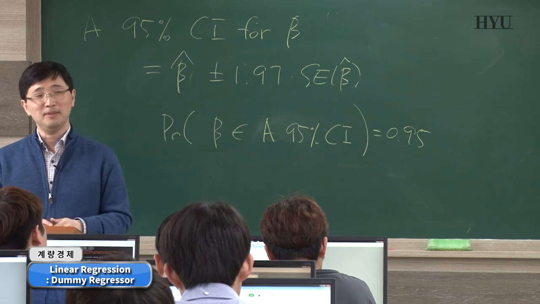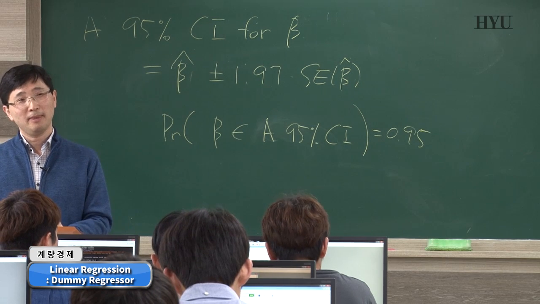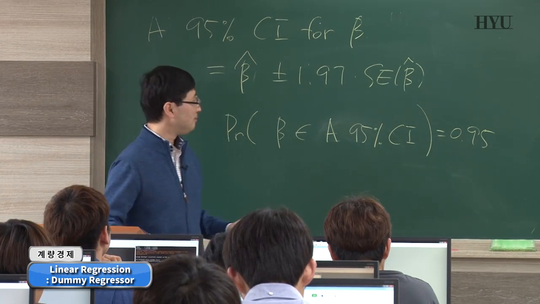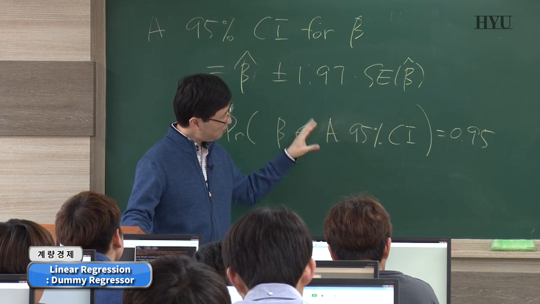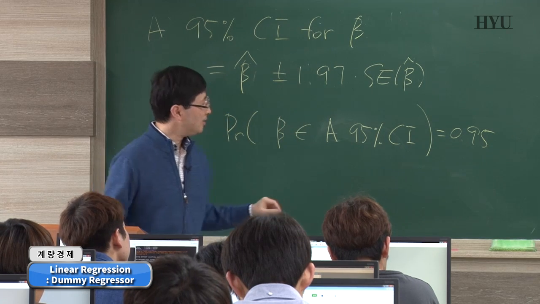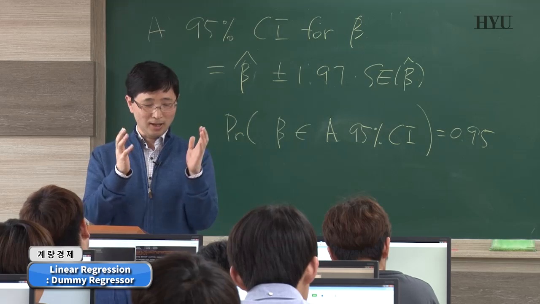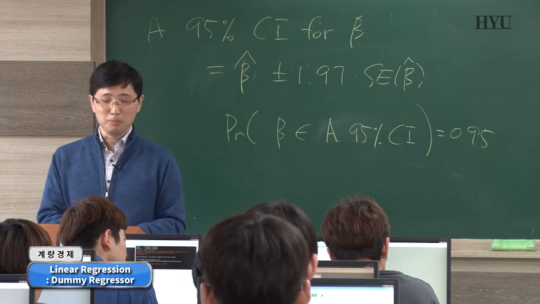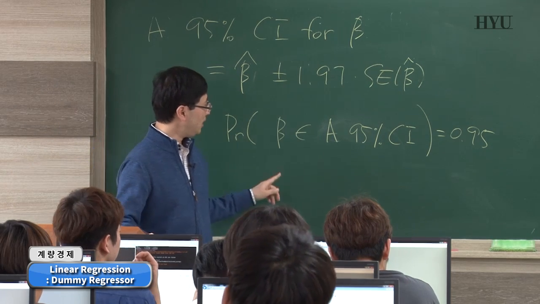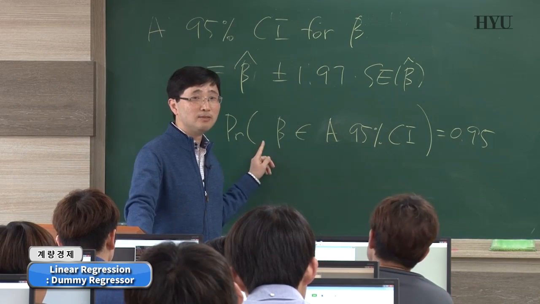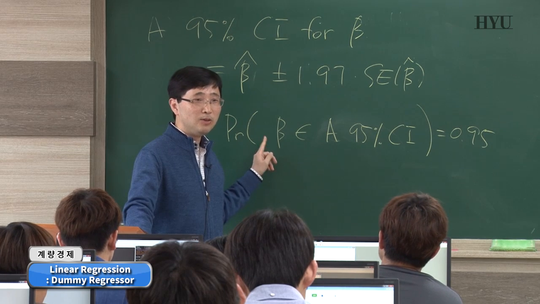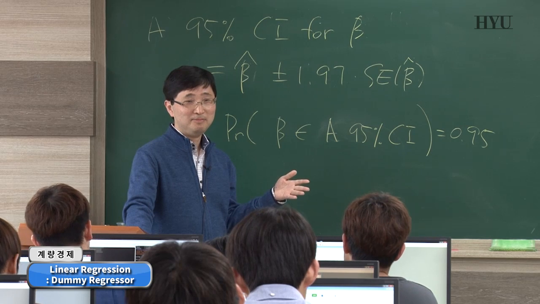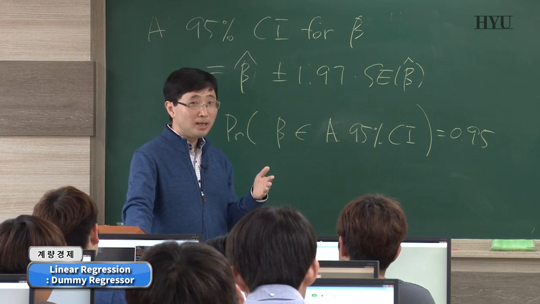So, to be precise, a wrong interpretation may be, so naively, if you try to interpret this probability, if you get a sample and you get a confidence interval, just like what we calculated right before, and if somebody says that the real coefficient, the real effect of college degree, is included in that confidence interval with 95% probability, strictly speaking, that is wrong.